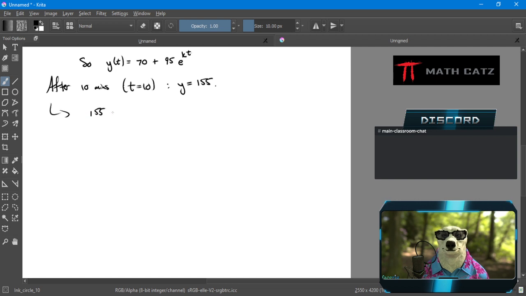So at 155 for y, everything else is the same. K is what I'm looking for, and 10 for t. So 95 e to the 10k is 155 minus 70. So that'll be 85.